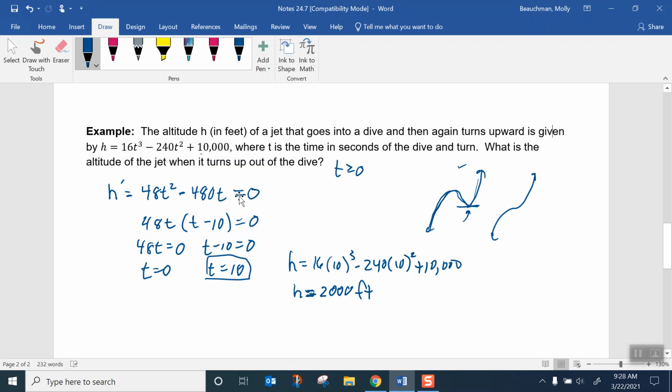Take the first derivative, set it equal to 0, and find the values of your independent variable where you have a max or a min. Usually we would test it on a number line, but if we use graphing technology to help us, we can tell whether our graph has a minimum or a maximum at that point. So use graphing technology to help you determine whether that's a minimum or a maximum.